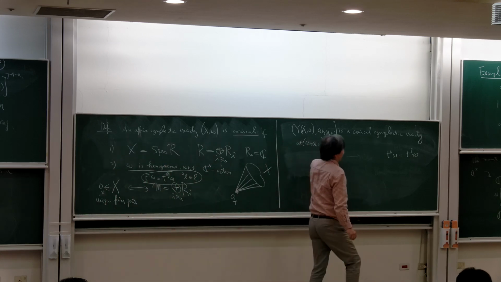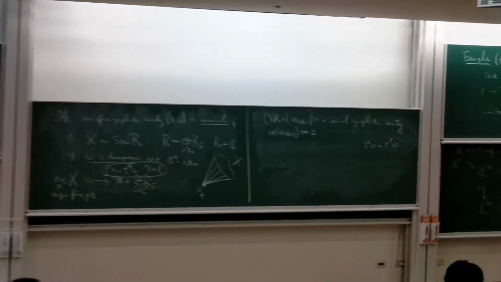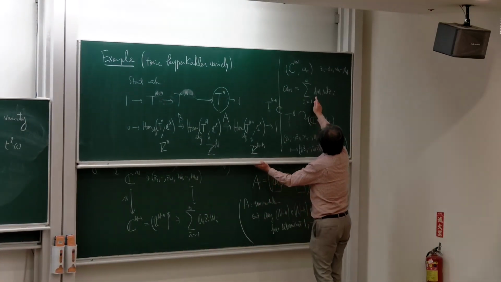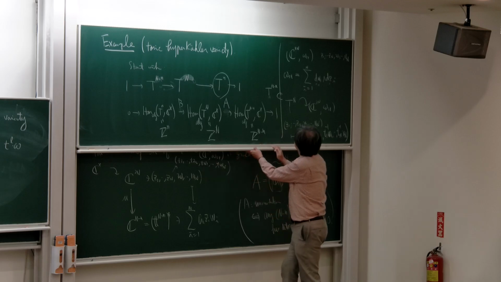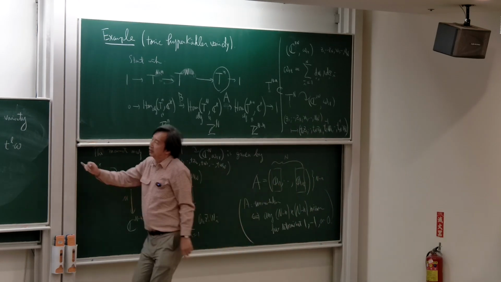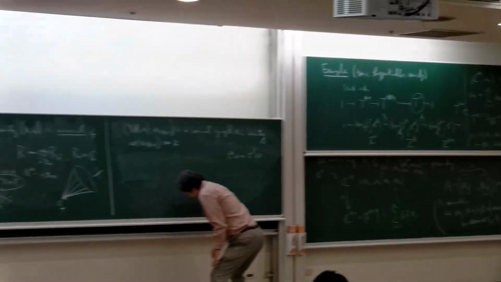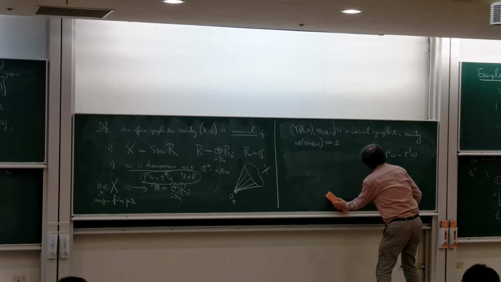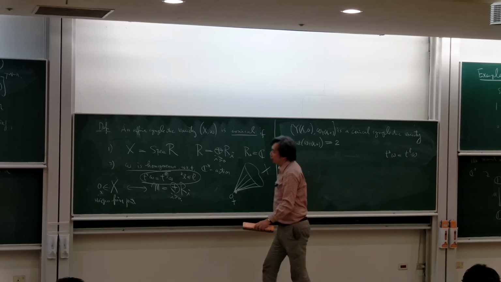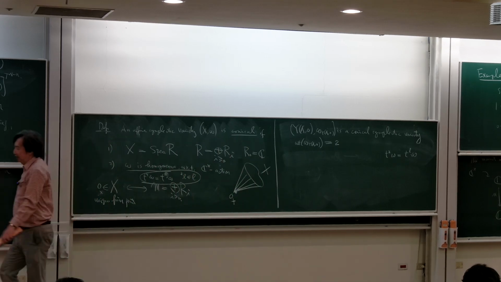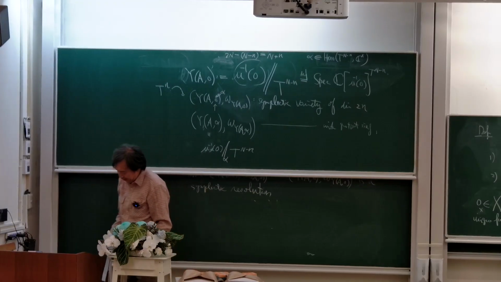In our case, this has weight 2. So this is an example of a conical symplectic variety of dimension 2n together with an effective T^n action.